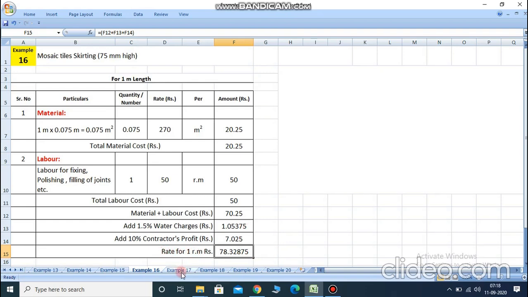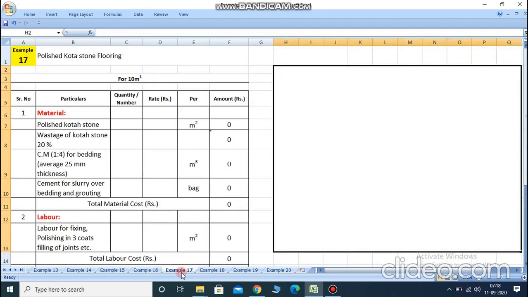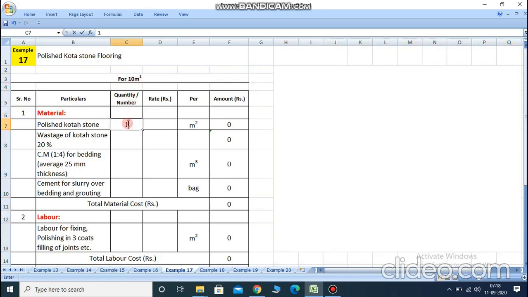Now we take another example, number 17: polished quota stone flooring for a 10 meter square area. First we take the polished quota stone. Quantity we calculated is 10 meter square. The per meter square rate for quota stone as per the textbook value is 400 rupees.